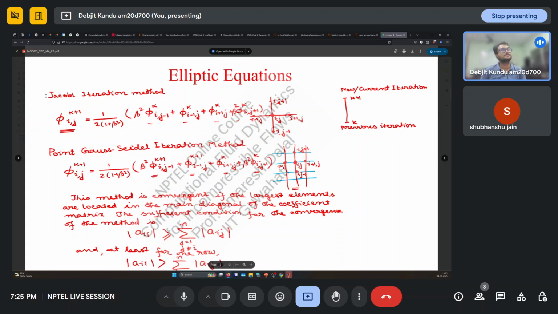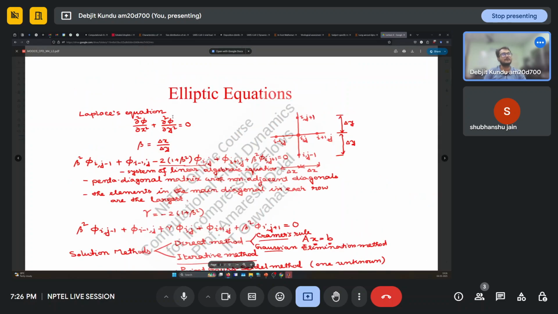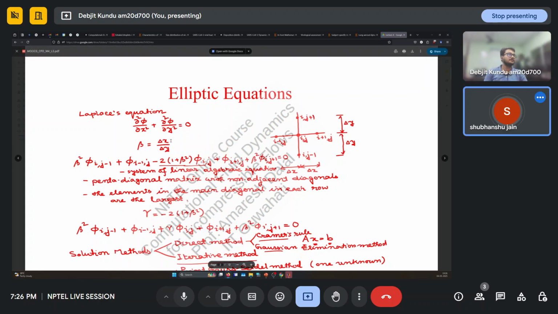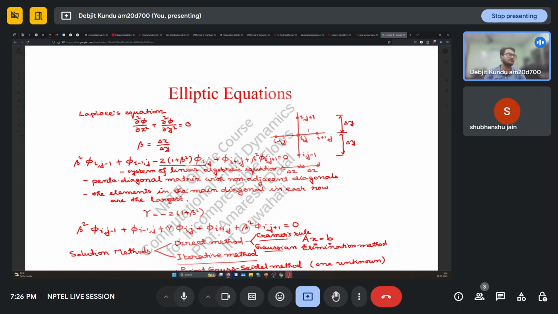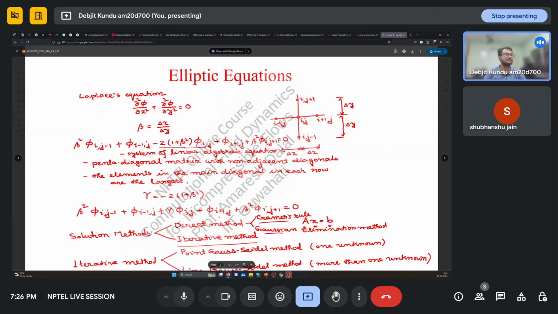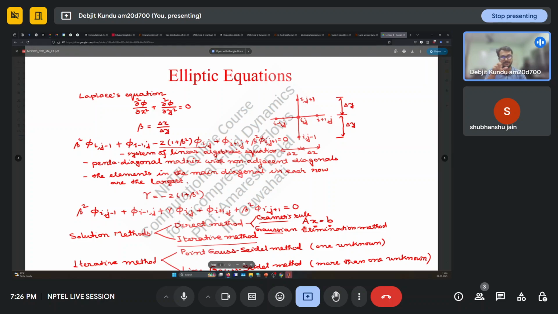There is one method called the Jacobi iteration method, and both of these are solving this simple elliptic equation, dou 2 phi dou x2 plus dou 2 phi dou y2 equal to 0. We are using a 5-point formula for this, so I'm taking four neighbors of i comma j, two in the x direction, two in the y direction. If I discretize this equation, I will get beta square phi i j minus 1 plus phi i minus 1 j. It's basically central difference.